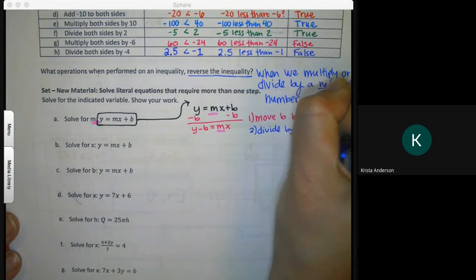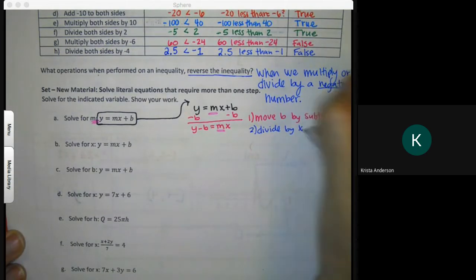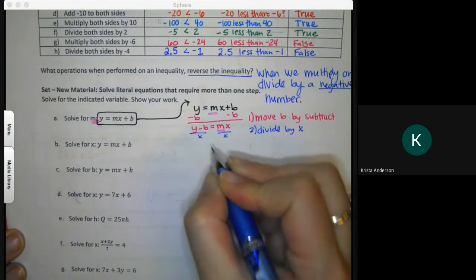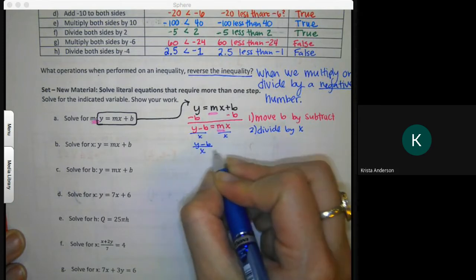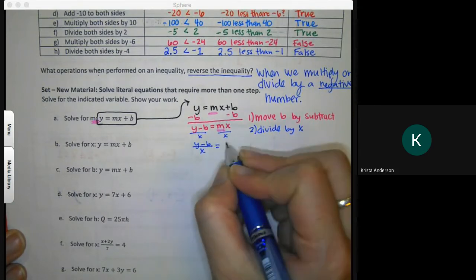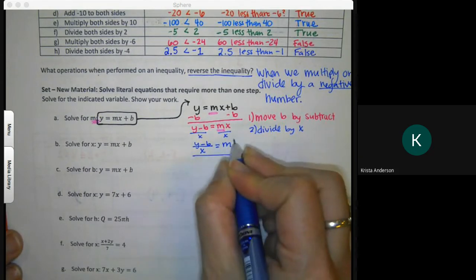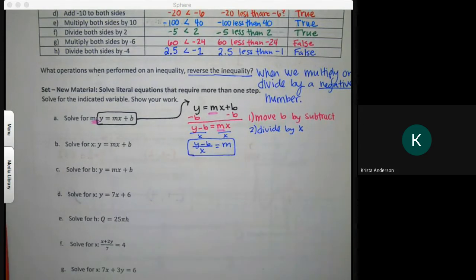I'm moving the x away, so I need to divide by the x. So I have y minus b over x, which looks kind of weird, but it's fine, equals m alone, which is what I wanted. I wanted the m by itself.